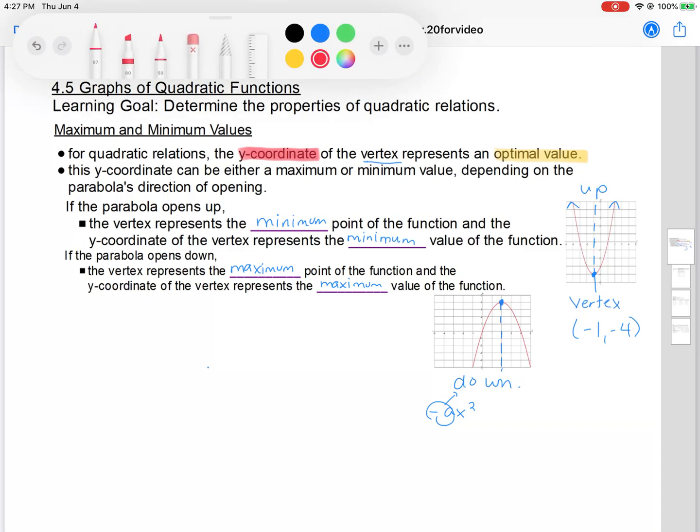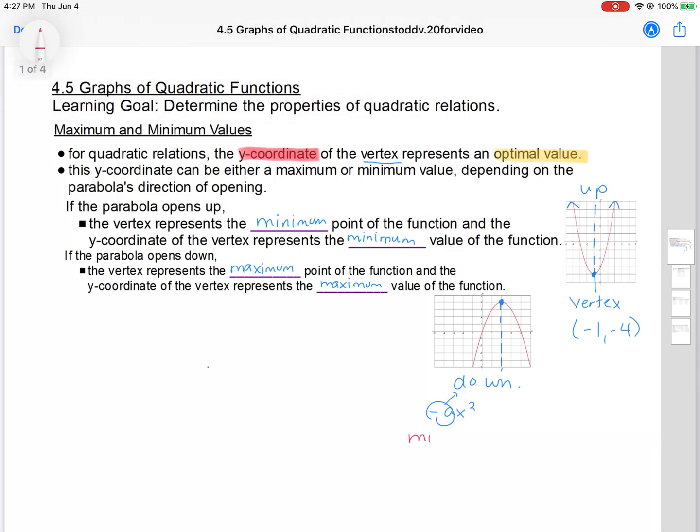Okay, so then the minimum value here in the down parabola. Oh, I forgot to write the vertex, sorry. We'll do this one first. The maximum, sorry, I just got those backwards. There we go. The minimum value is -4.